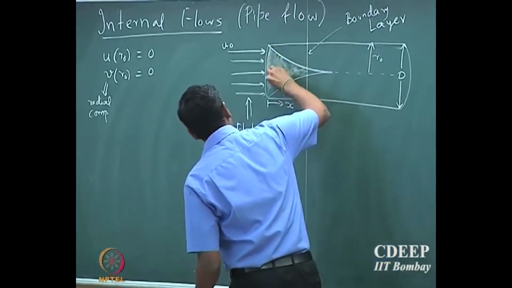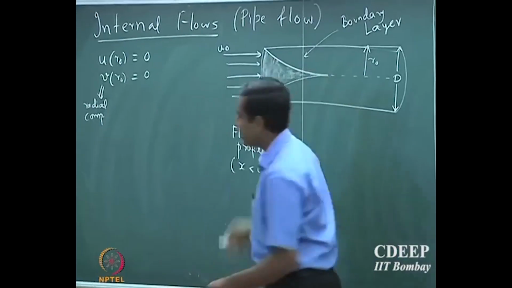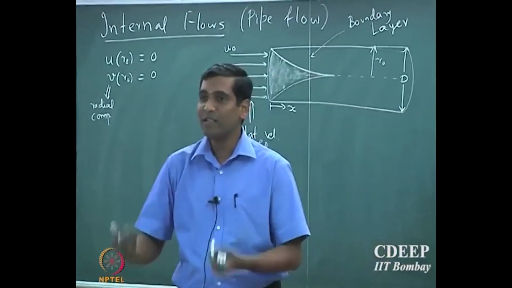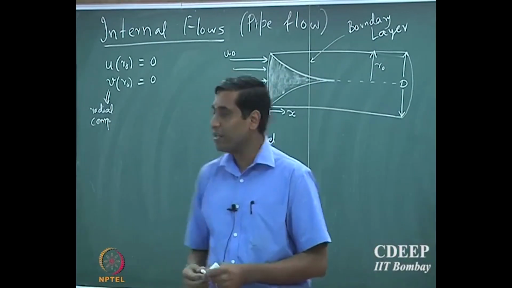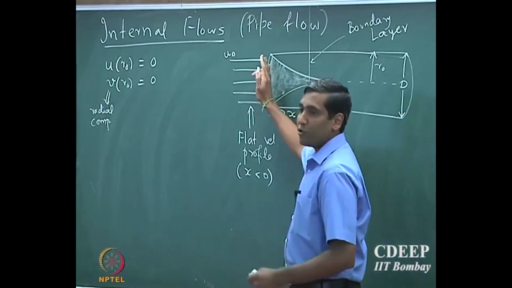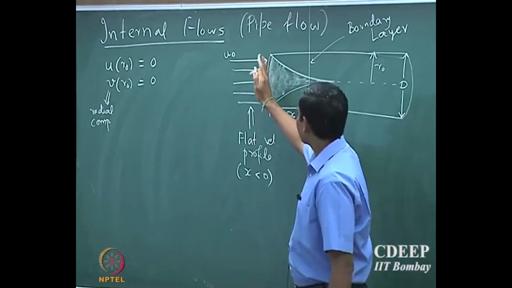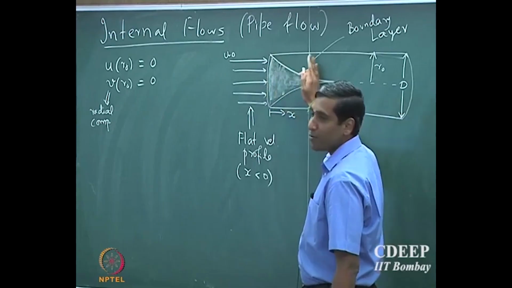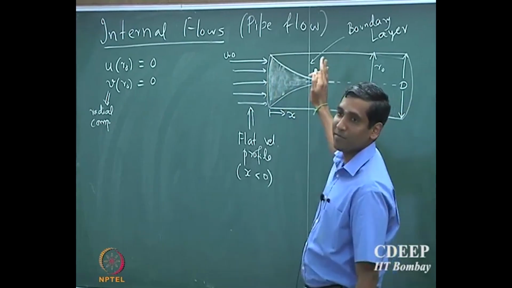In the region in between, the fluid will continue to flow as an inviscid fluid, because the viscous effects due to the presence of the wall are experienced slowly and gradually as the fluid goes inside the tube.